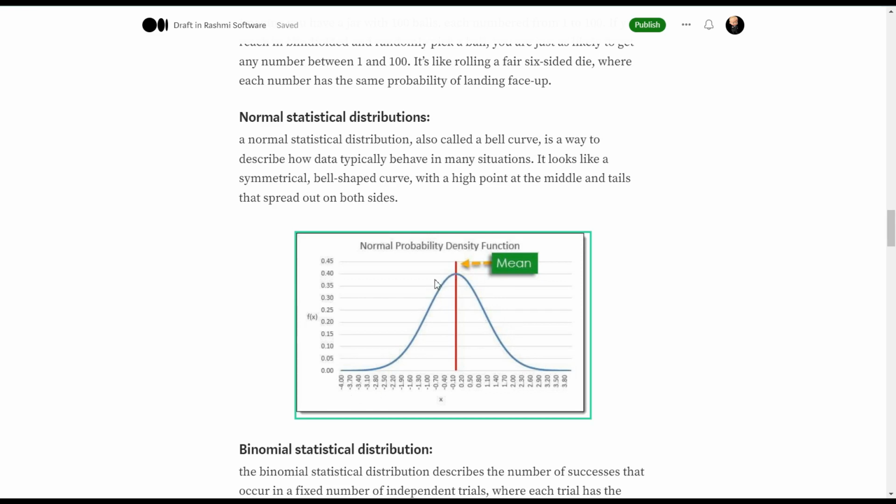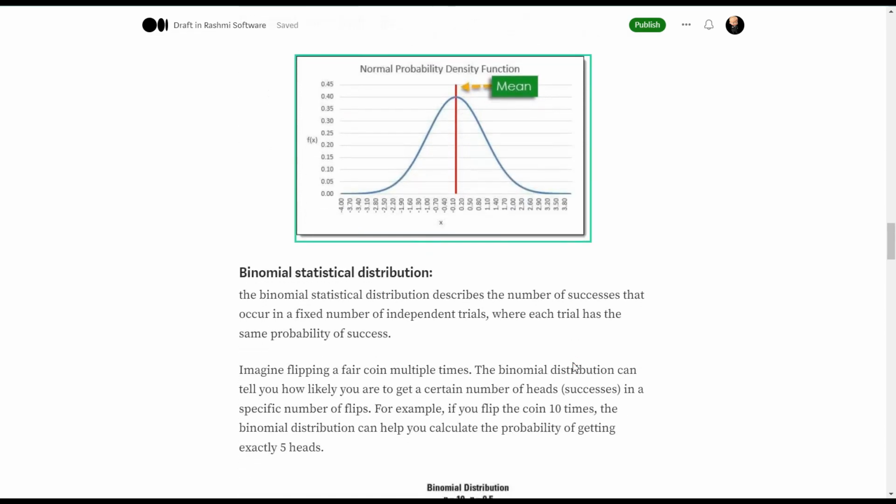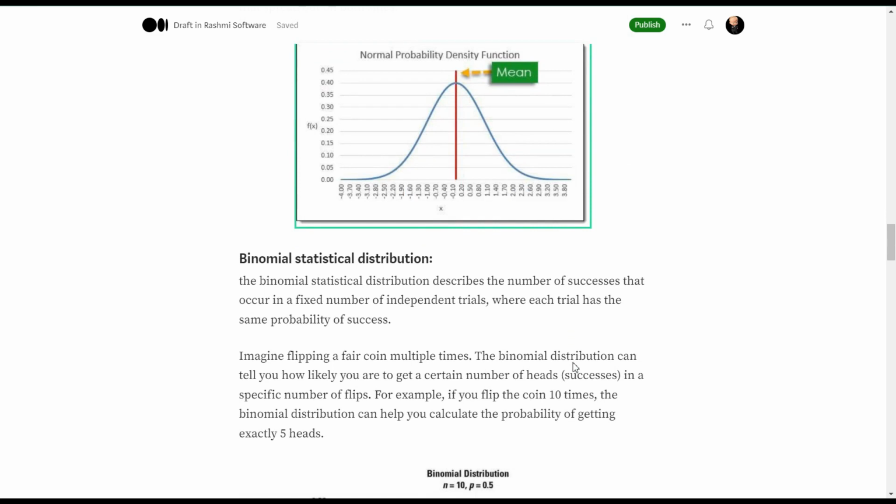This bell-shaped curve shows the normal statistical distribution. It's a way to describe how data typically behave in many situations. It looks like a symmetrical bell-shaped curve with a high point at the middle and tails that spread out on both sides.